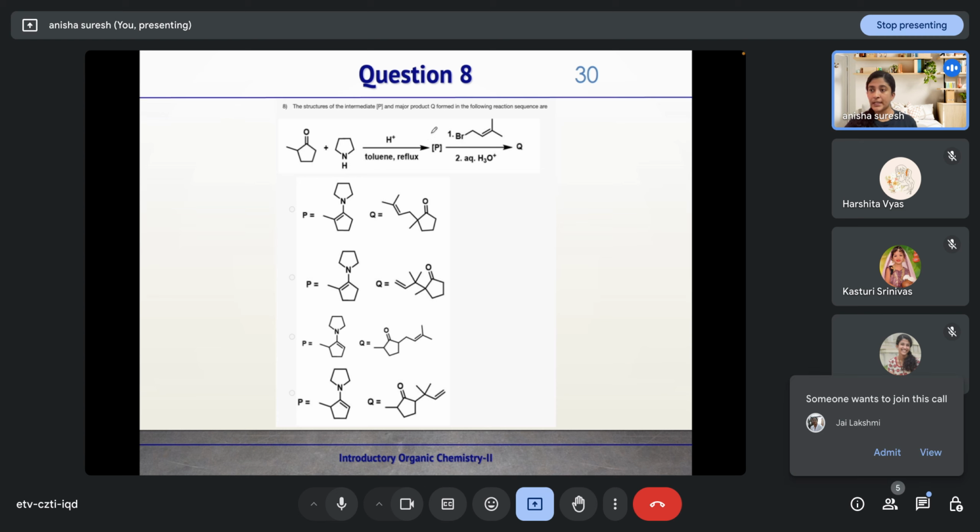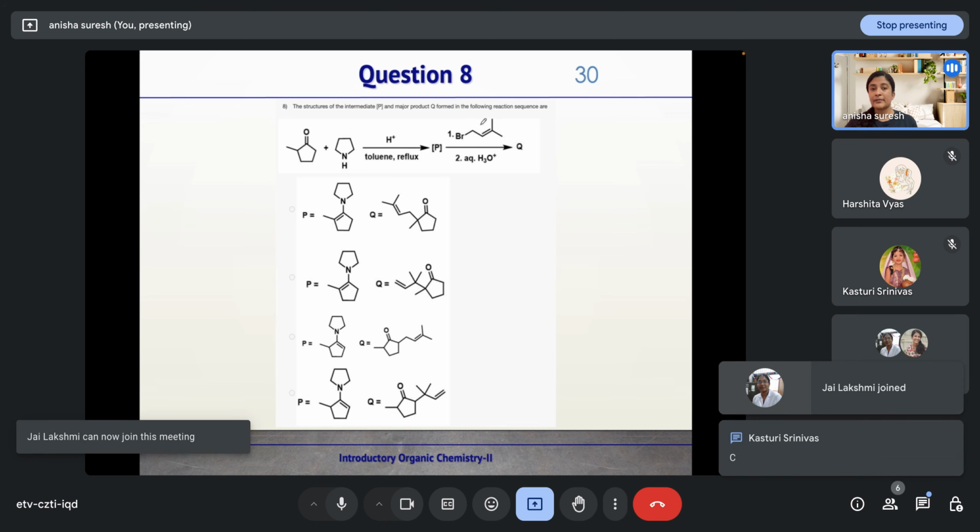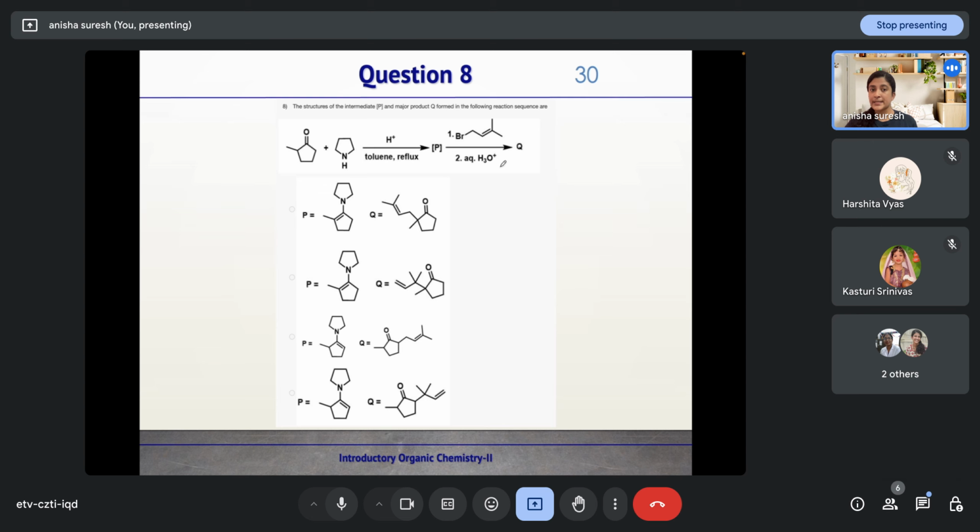It will then undergo an alkylation reaction in the presence of this alkyl bromide, and then hydrolysis will take place, leading to formation of the ketone. So we have to identify P and Q. Yeah, C will be the right answer.